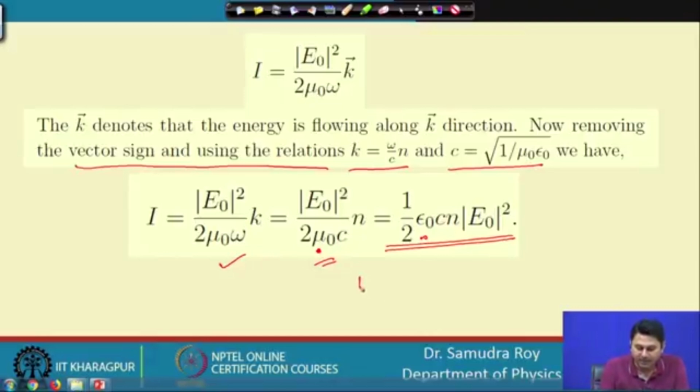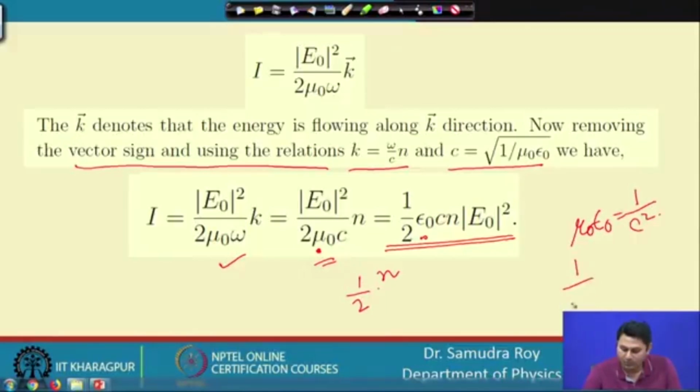If I write this as half of n and then mu 0, mu 0 epsilon 0 is nothing but 1 by c squared. So, 1 by mu 0 is replaced by epsilon 0 c squared.